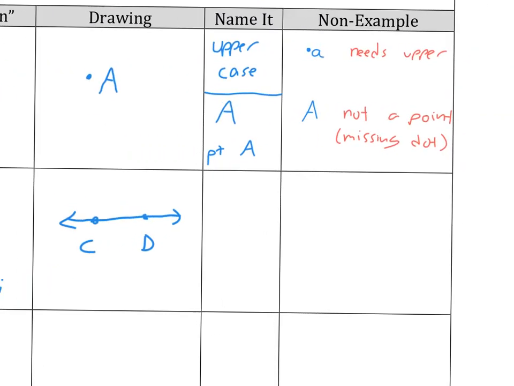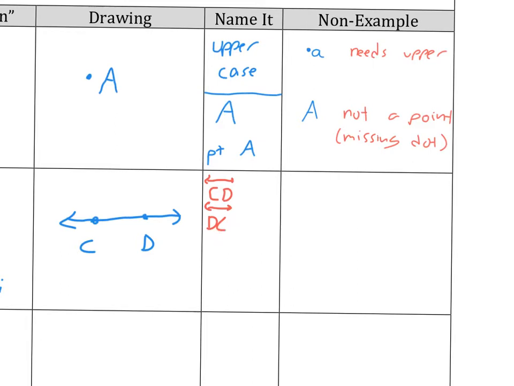How do I name this one? There are 2 different ways to name it. We can use the points like so. This is one way of naming it. Line CD or line DC.